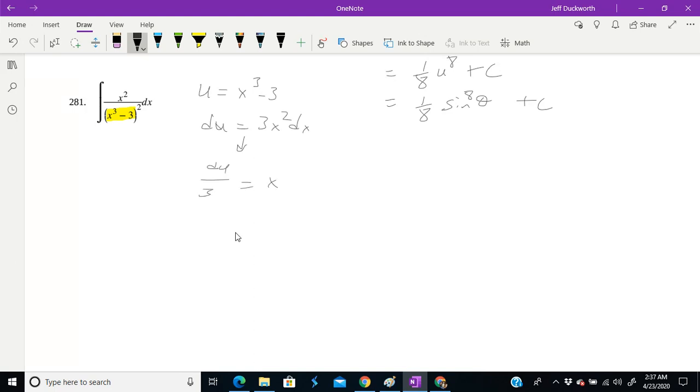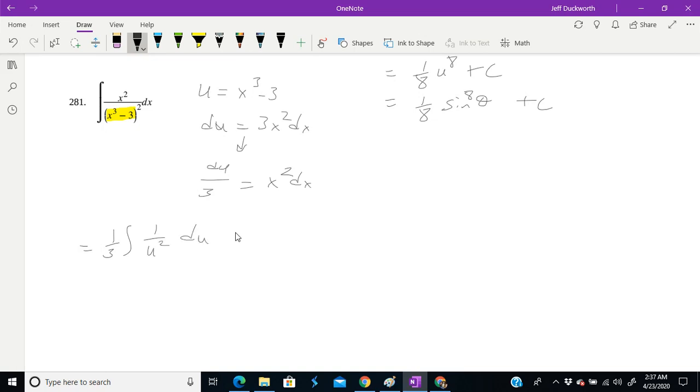This is what we're substituting for. We have an x squared dx in our numerator. So then this is going to equal 1/3, because we've got the 3 in the bottom there, 1 over u squared du.